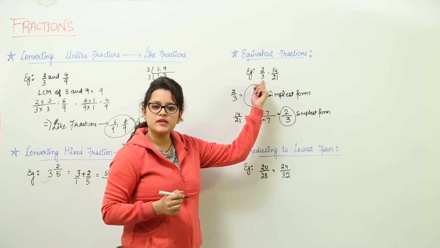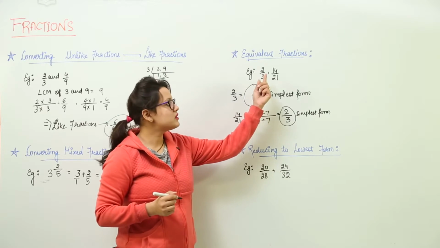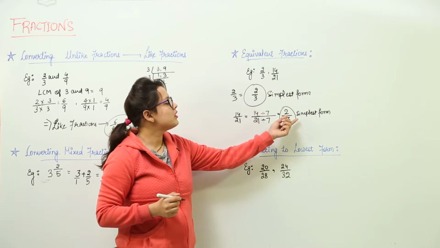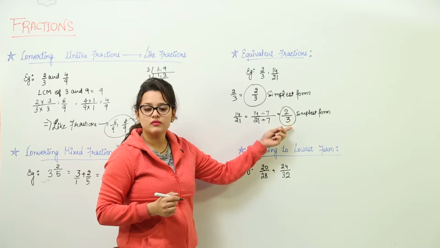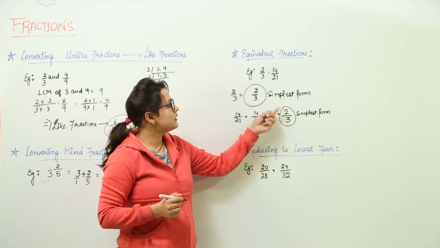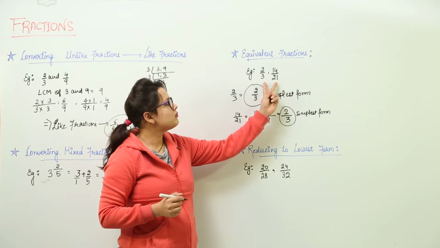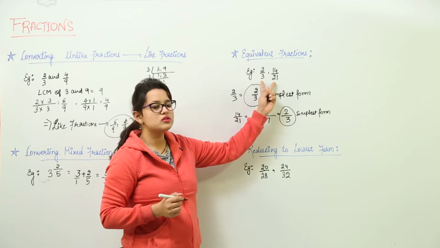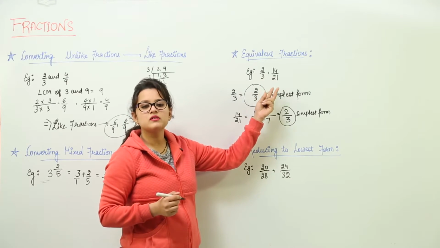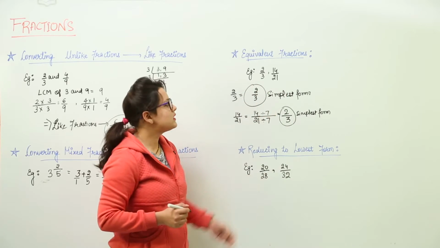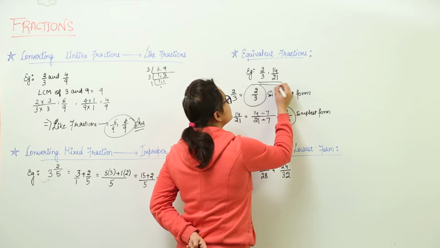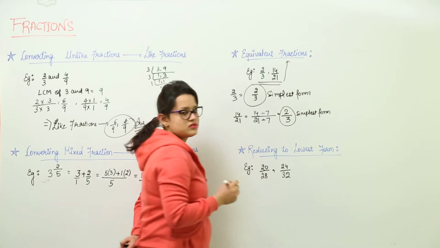This one was already in the simplest form, whereas when we reduced the other to the simplest form, we checked that it does not have any other common factor other than 1. Now both fractions have the same form, the same values. So we can say that both are representing equivalent fractions, right?